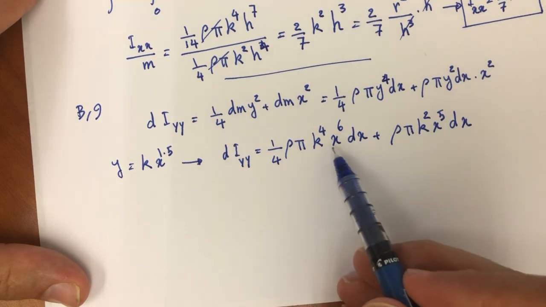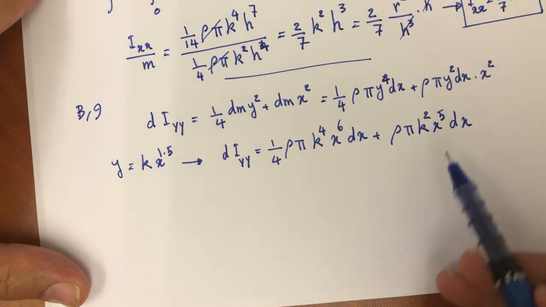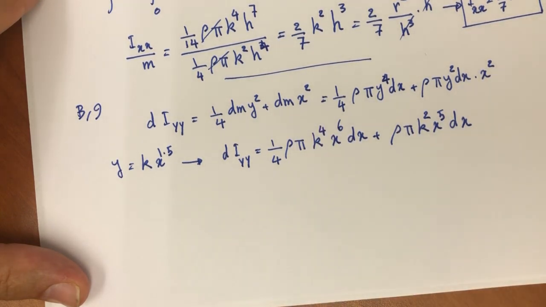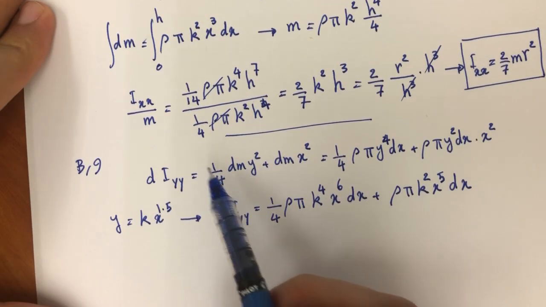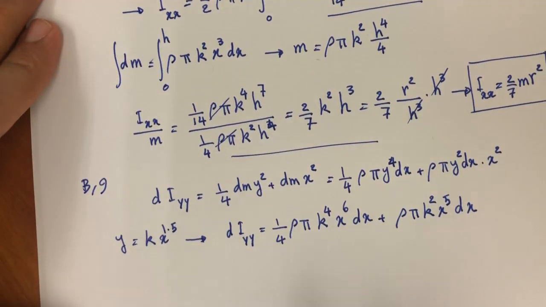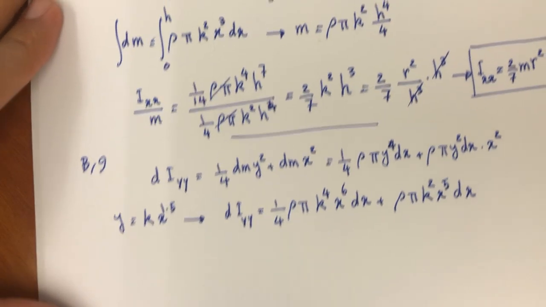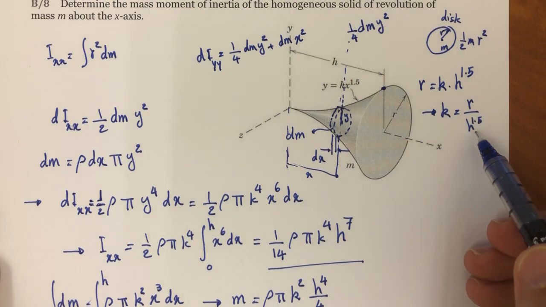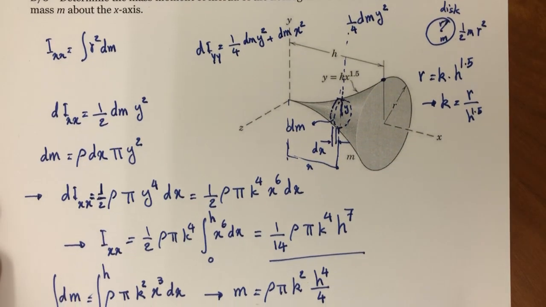Which is going to be quite simple. This part of it, we did it before, and the only thing you need to do this part, then use the mass equation, which we found here, to replace mass in terms of rho, pi, k, etc. And use k is equal to r divided by h to the power of 1.5.